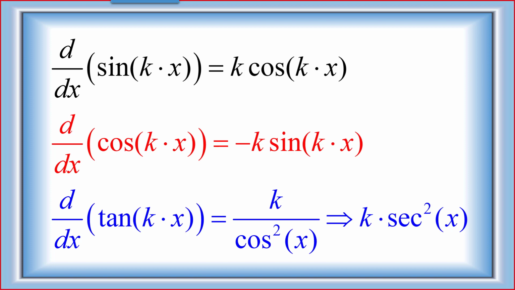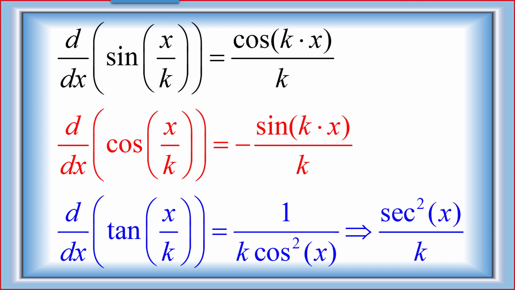So for sine of k times x, the derivative would be k cos of kx, and cos kx would be negative k sine kx, and tan would be k over cos squared, or k times secant squared. And if it is sine of x over k, then it's going to be cos of x over k divided by k, and obviously the same pattern would repeat for cos and tan. All these will be obtained using the chain rule.